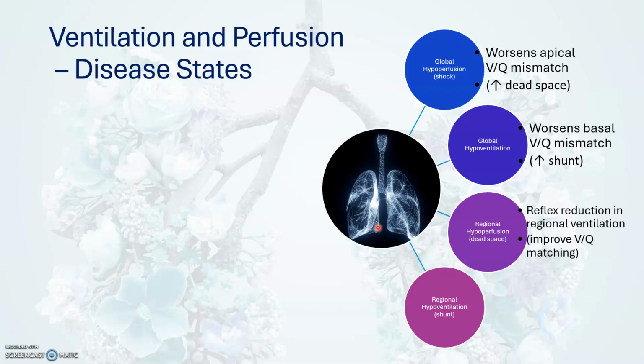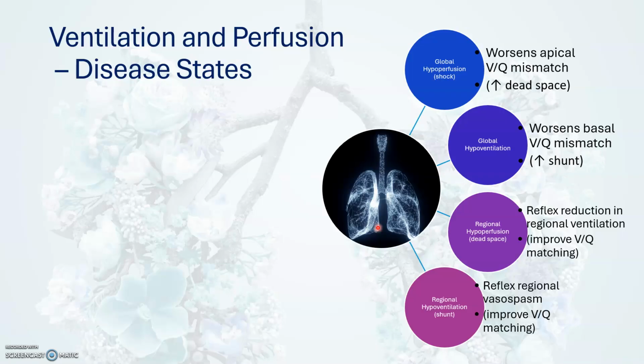In this case, you have poor ventilation but initially normal perfusion leading to shunt. But in those areas that are badly ventilated, there's a reflex regional vasospasm, and therefore the areas that are hypoventilated are now also hypoperfused. So we have a matching between ventilation and perfusion, and that improves efficiency of gaseous exchange because we're not wasting blood flow to areas that are not being ventilated.